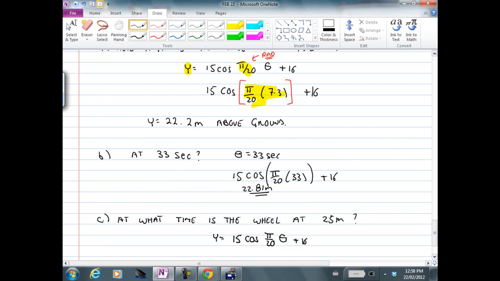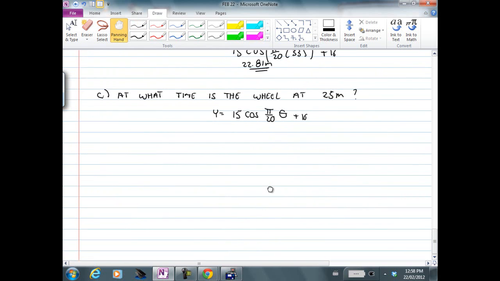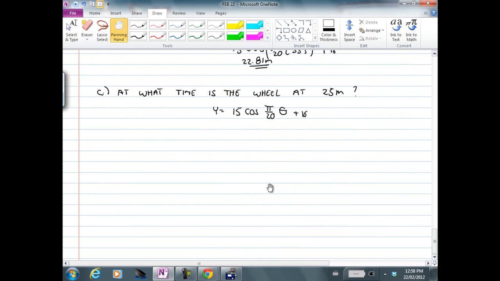So a lot of you went, that's easy. You went 25 equals 15 cos pi over 20 theta plus 16. Again, I try to have these in brackets. And a lot of people, what they do is to solve for this. Guys, gals, move the 16 over first and move the 15 over next.